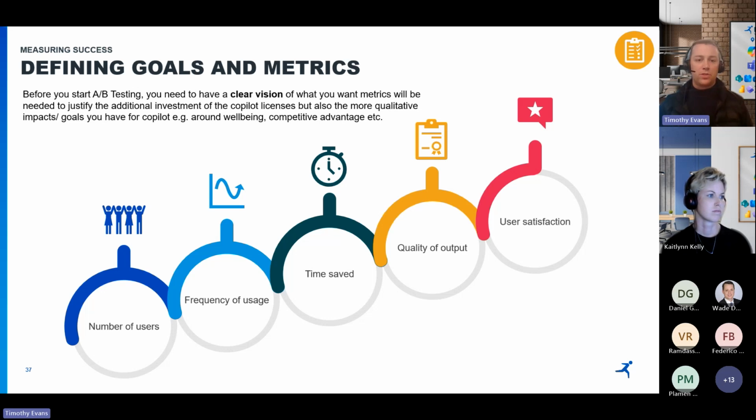So thinking about active users, a number that we can take from our adoption dashboard, thinking about frequency of usage, again, something that's hard data or hard numbers that we can find in our adoption dashboard. Thinking about time saved, which we more rely on sentiment analysis and self-surveyed information. The quality of output, and then finally, user satisfaction.